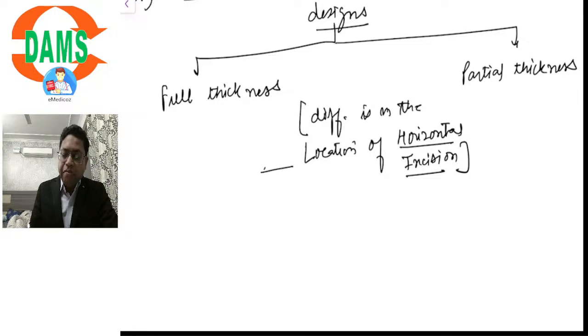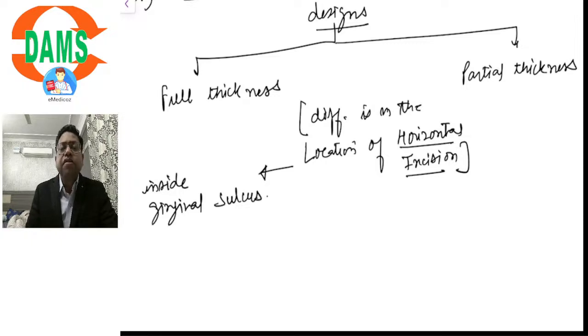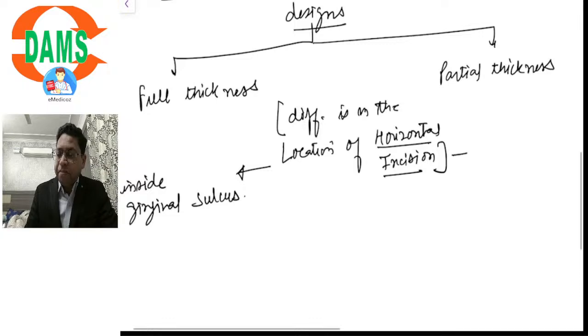Whenever any type of flap is to be designated as full thickness, the location of horizontal incision would be inside the gingival sulcus. And whenever we have to designate a flap as a partial thickness, the horizontal incision would be located in attached gingiva.